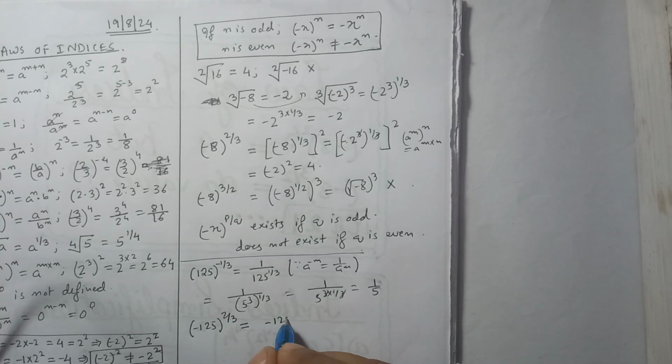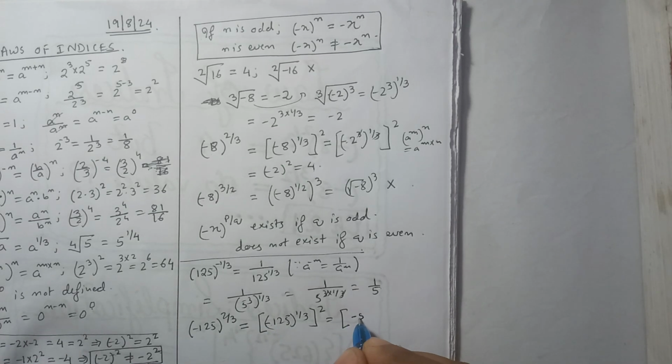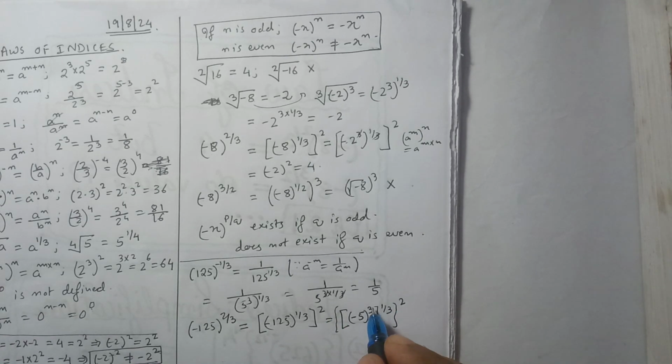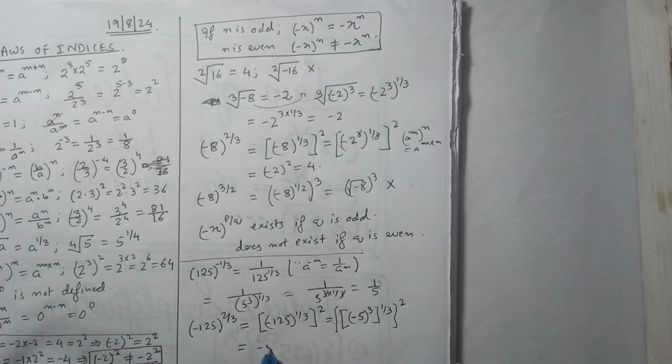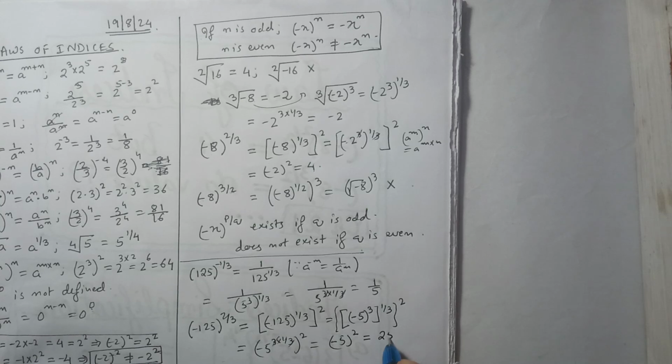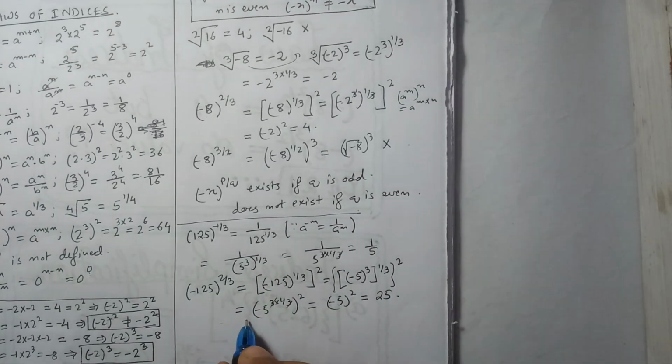It means (-125)^(1/3), squared. Now minus 125 can be written as (-5)^3, and then to the power of 1/3, and then squared. The 3 into 1/3 gets cancelled, (-5)^2, that is 25. Clear? Okay.